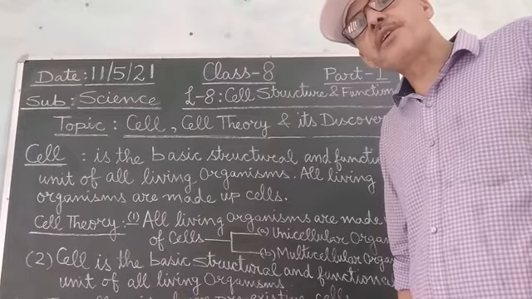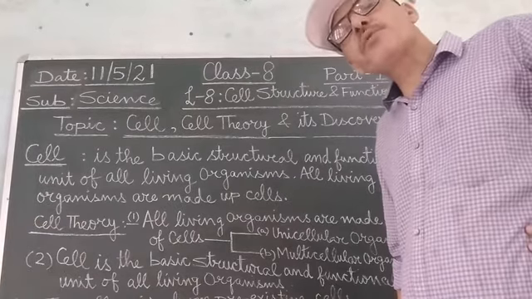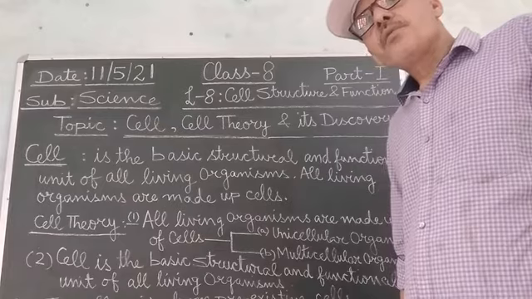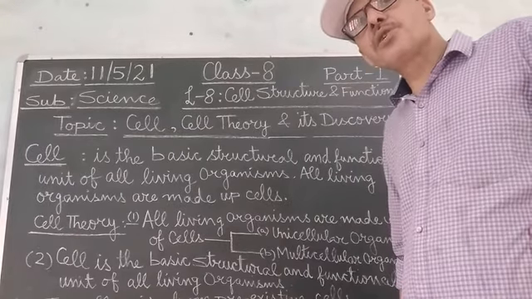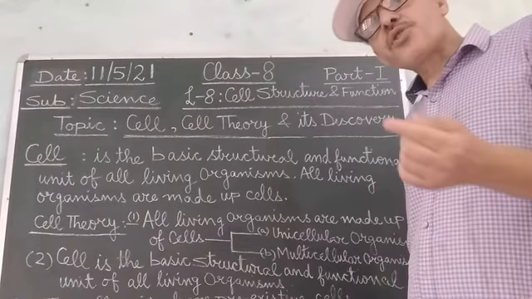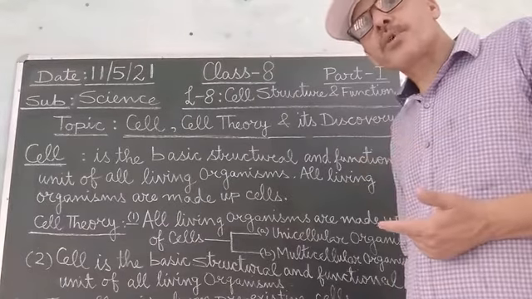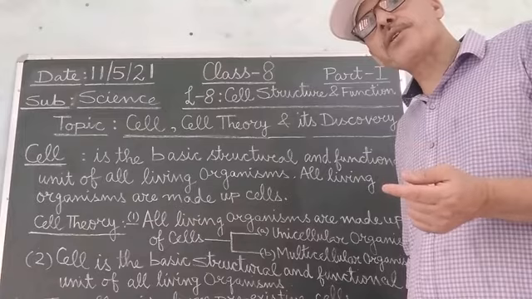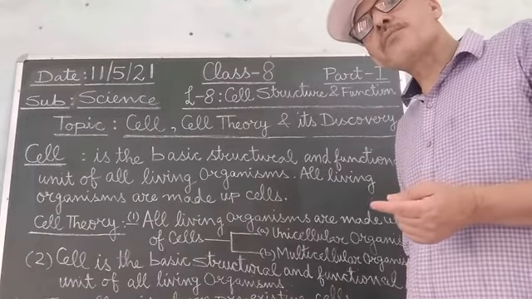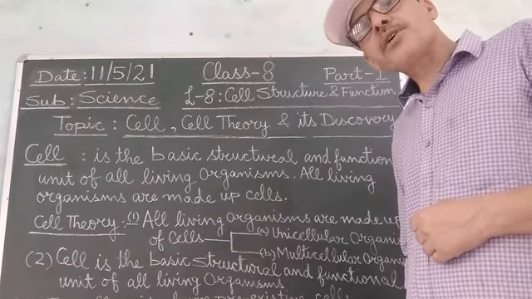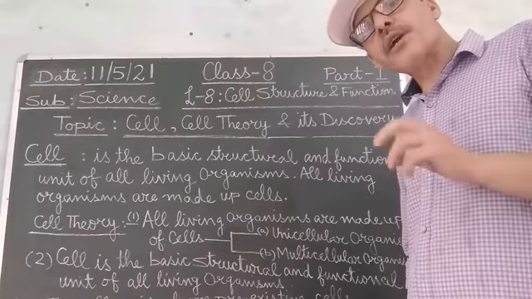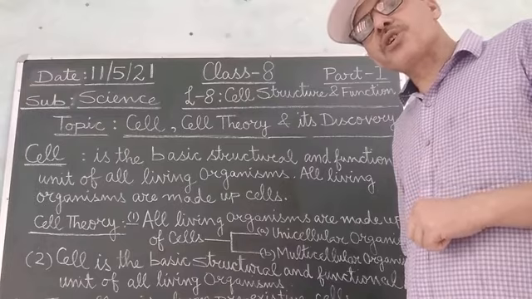And what was the material which he selected for observing the cell? With the help of the microscope which he invented in the year 1665, that was a thin slice of cork. A thin slice of cork was the material which was observed by Robert Hooke under the microscope, and he studied the structure of the cell.